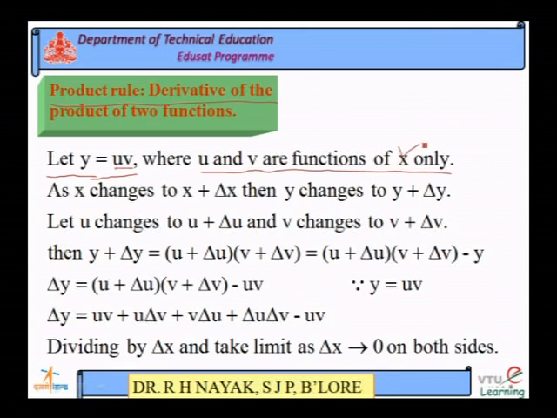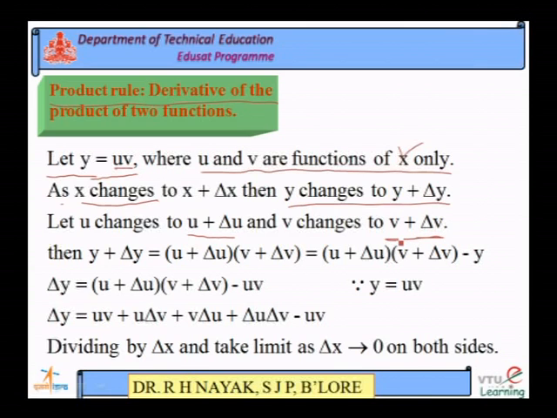Therefore, as x changes to x plus delta x, automatically y changes to y plus delta y. As x changes to x plus delta x, then u and v both change to their respective increments, that is u changes to u plus delta u and v changes to v plus delta v.